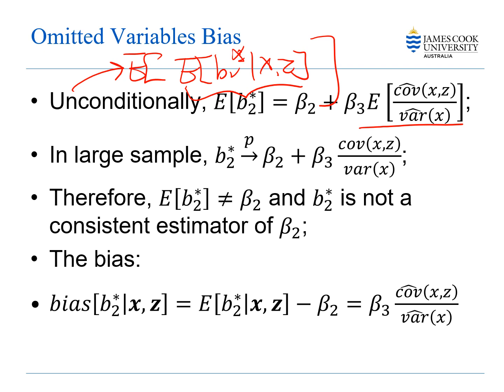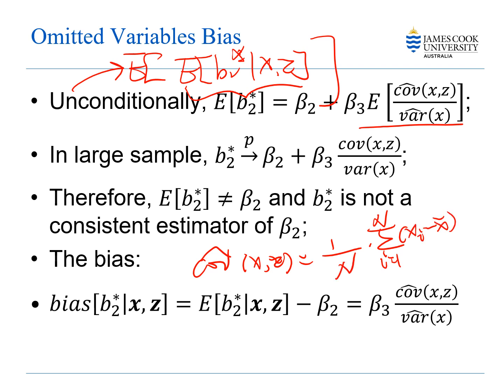Let me write out this covariance hat of x and z, which is 1 over n minus 1 times the sum of xi minus x bar times zi minus z bar. In large samples we can just divide by n. As n goes to infinity, what is x bar?